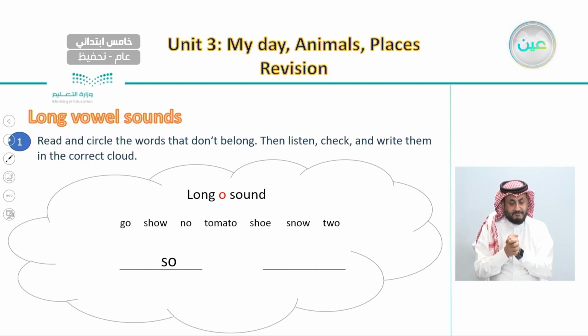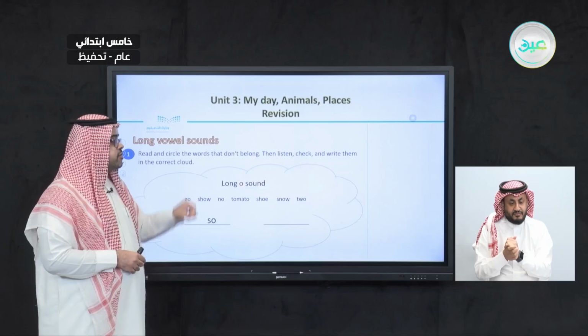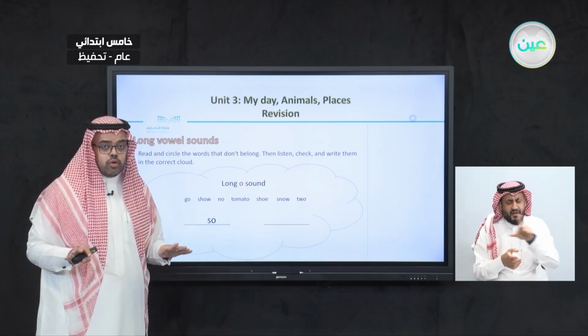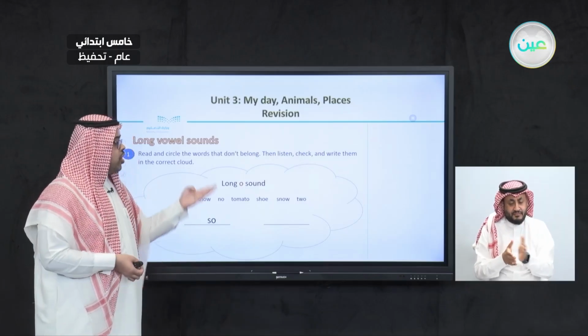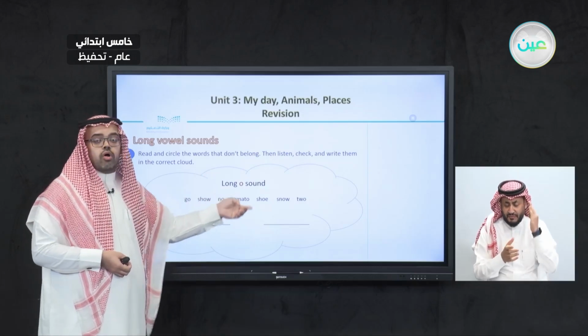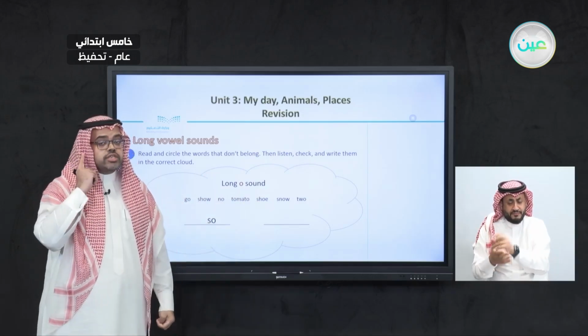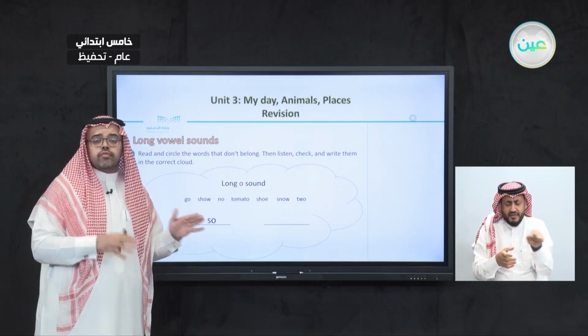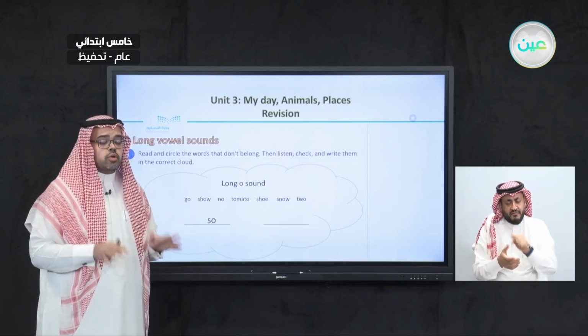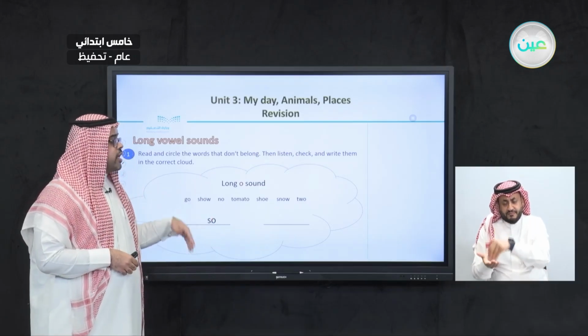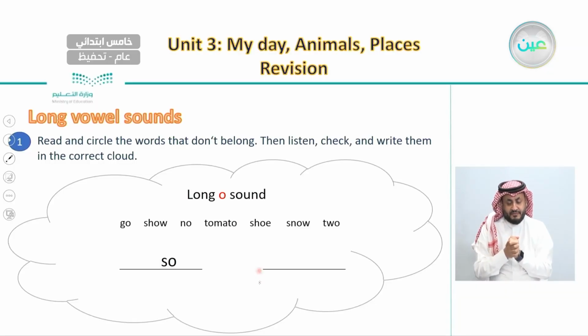So we circle the words that do not belong, and then we listen to all these words and check if any of them do not belong to this cloud. And then we write them in the correct cloud.